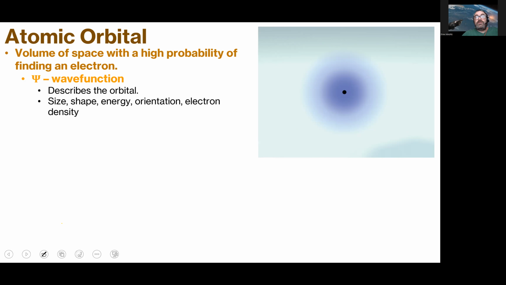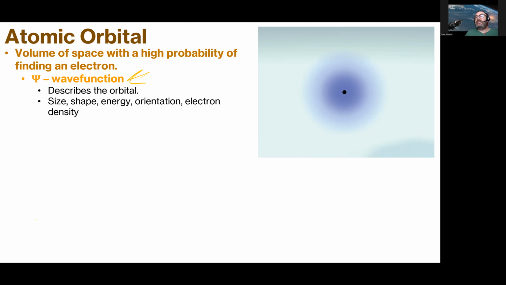Our wave function, our psi, is now a mathematical expression that defines the properties of the orbital. That gives us what that volume of space is like, and it defines that volume of space. It defines things like the size, the energy, the shape, how it's oriented in three-dimensional space, and it defines something called the electron density.